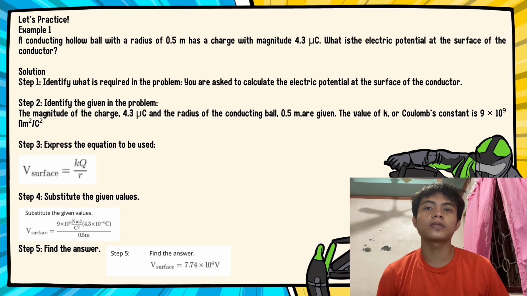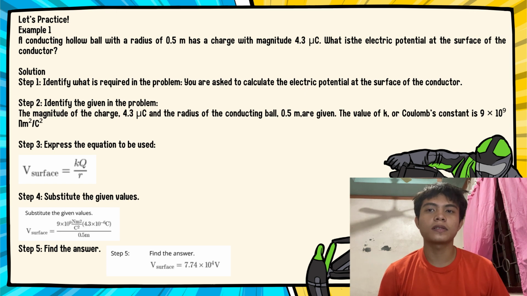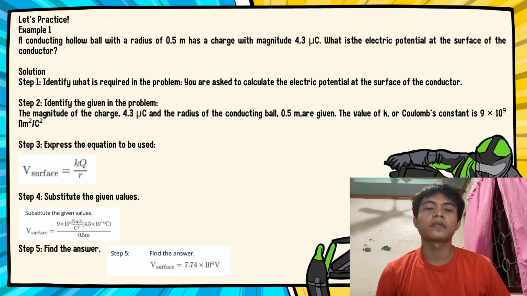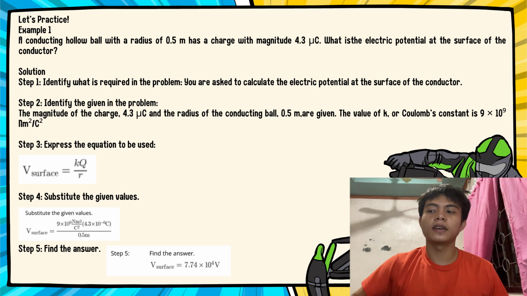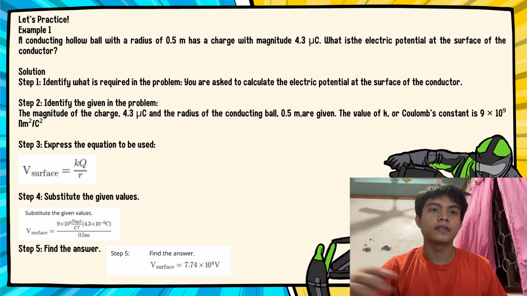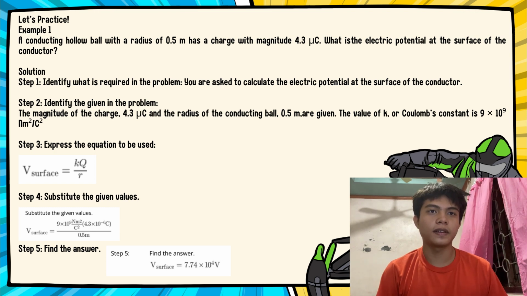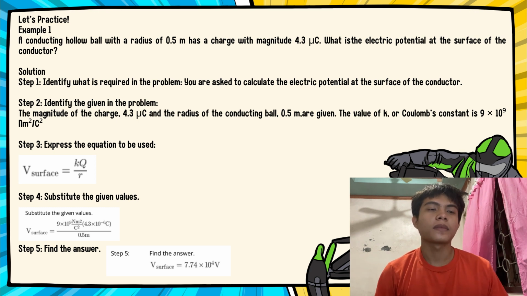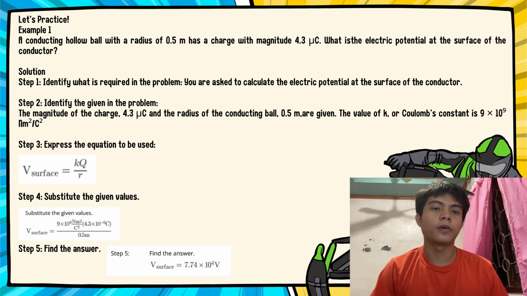And you substitute the given values. 9 times 10 to the 9 is Coulomb's constant, 4.3 is the charge, then 0.5 meters is the value of the radius. Then you get the answer, which is V surface is equal to 7.74 times 10 to the power of 4 volts.